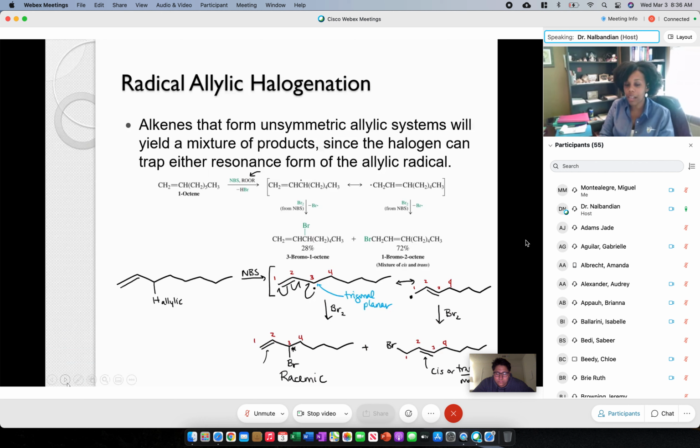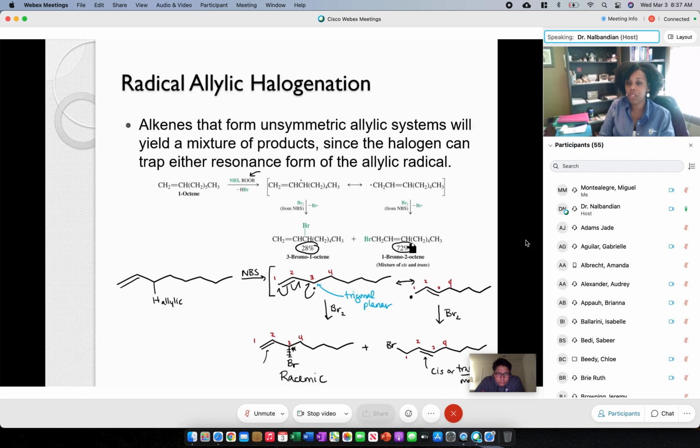So you can draw one with the dash, that's easier, and then write racemic, or you can put that asterisk there and write racemic underneath it. So for our product, we get 28% yield of this racemic product. So 14% of both of those enantiomers.